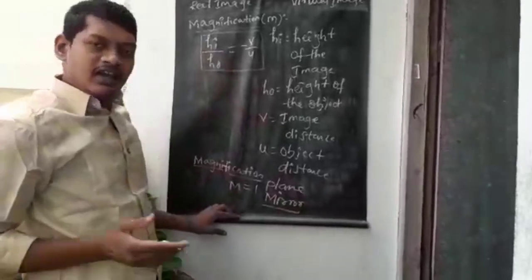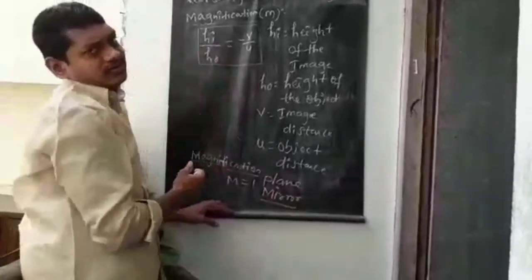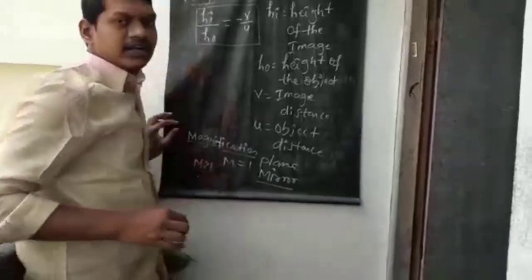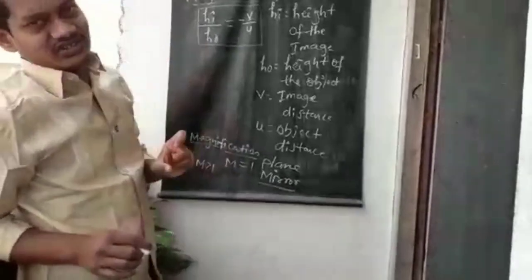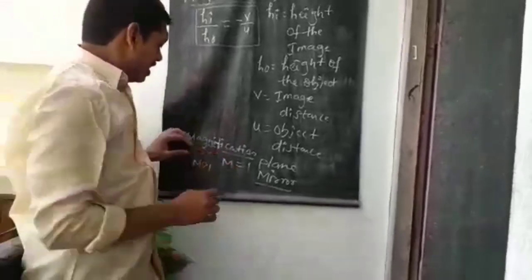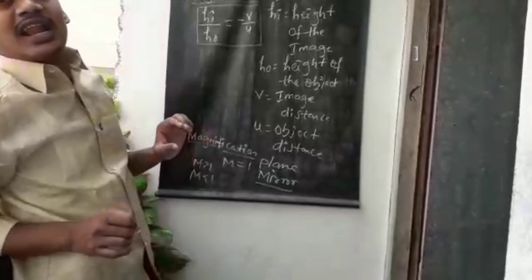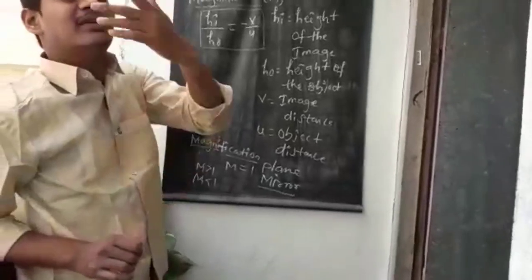If magnification is less than 1, it is called a diminished image. If magnification is greater than 1, it is called enlarged, highly magnified.